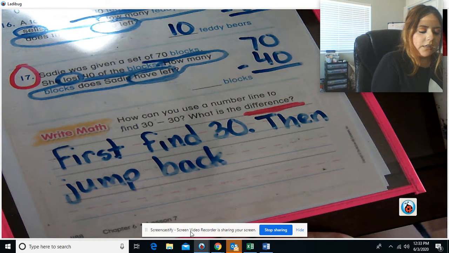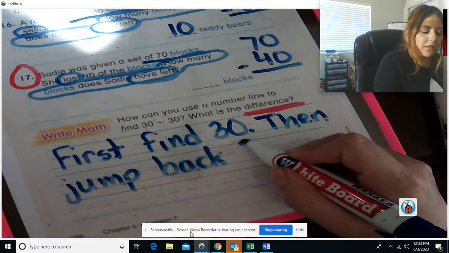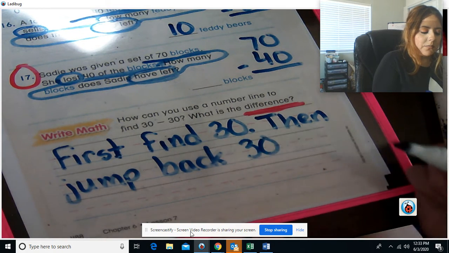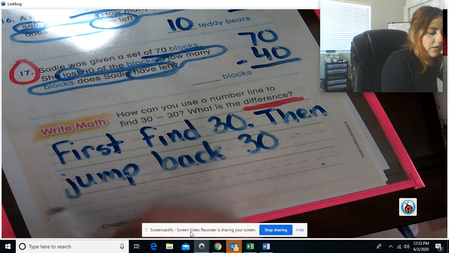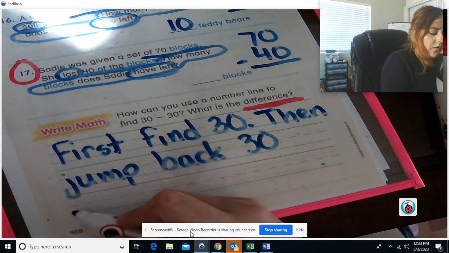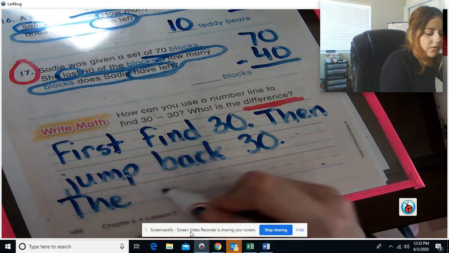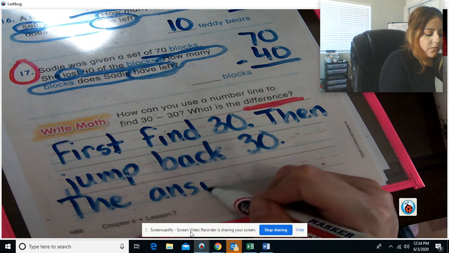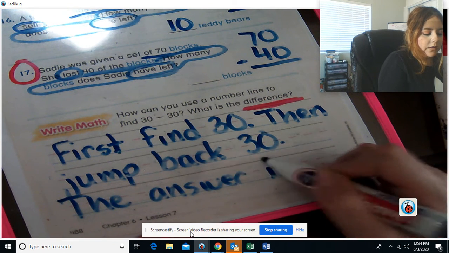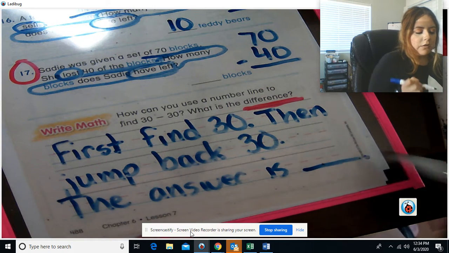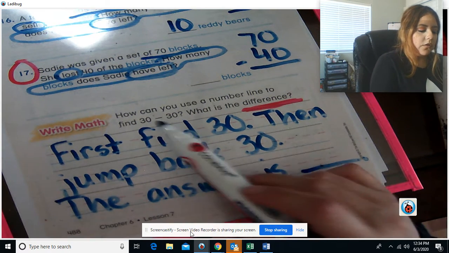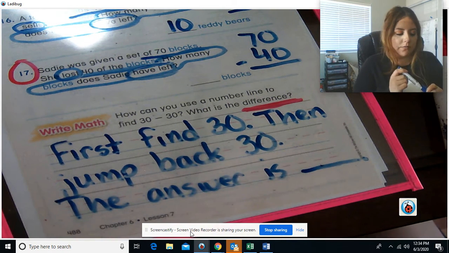First we find 30 and then we jump back 30 spaces. The answer is, and I want you to tell me, what would be the answer of 30 minus 30 on a number line?